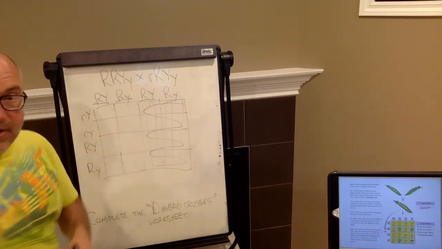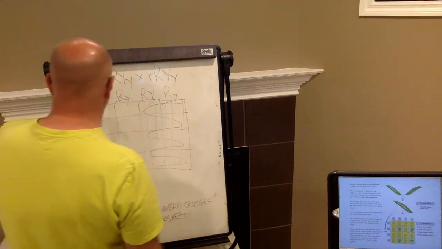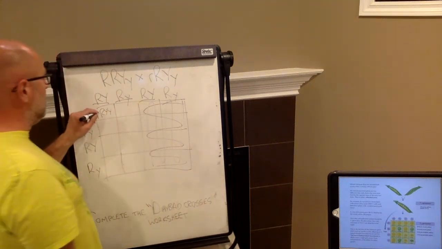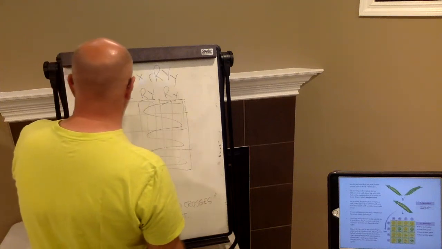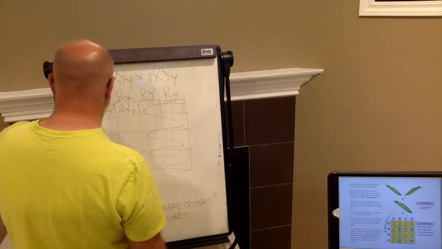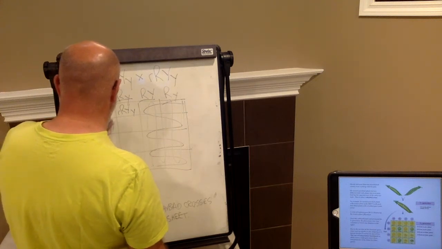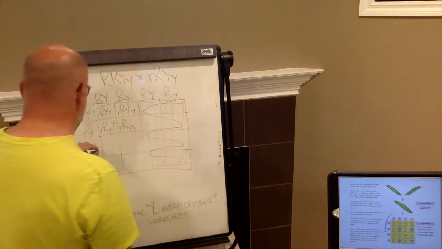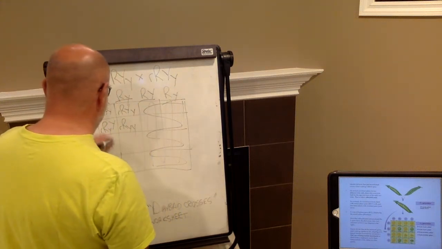But in this case, I got a ratio of 8, so let's run it through. I've got little r, capital Y, little r, capital Y, capital Y, little r, capital R, capital Y, little y.